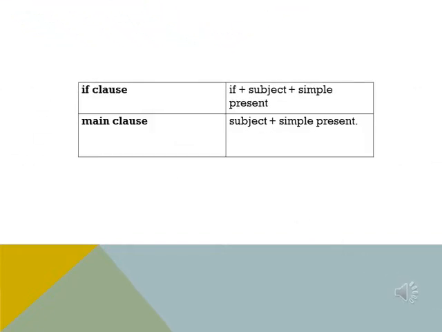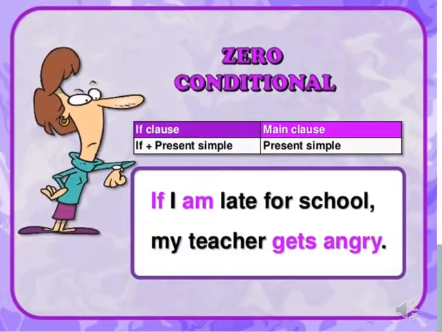As you've answered, if clause, we have if plus subject plus simple present. The main clause, we have the subject plus the simple present. As you can notice, the 0 conditional if clause, we have if plus present simple. The main clause, we have the present simple.